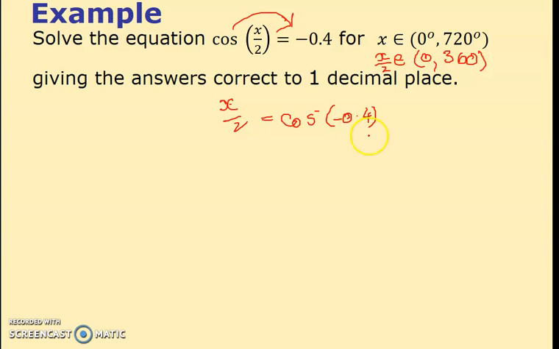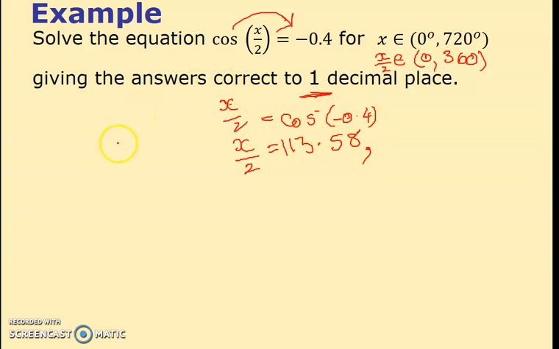Inverse cos of minus 0.4, and I get 113.58. I've given it one extra decimal place just in case, because I want one decimal place here, so I've given it 2. I'm going to multiply by 2, and that's the reason. But before I do that, of course, I want to get you into good habits. Always think to yourself, are there any more solutions?